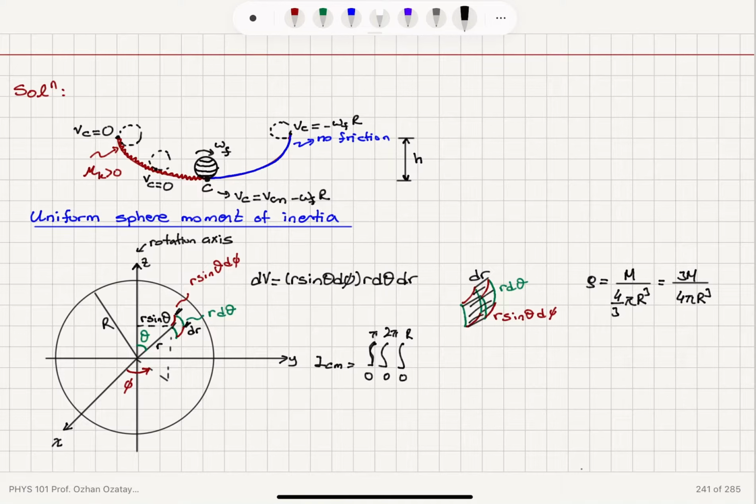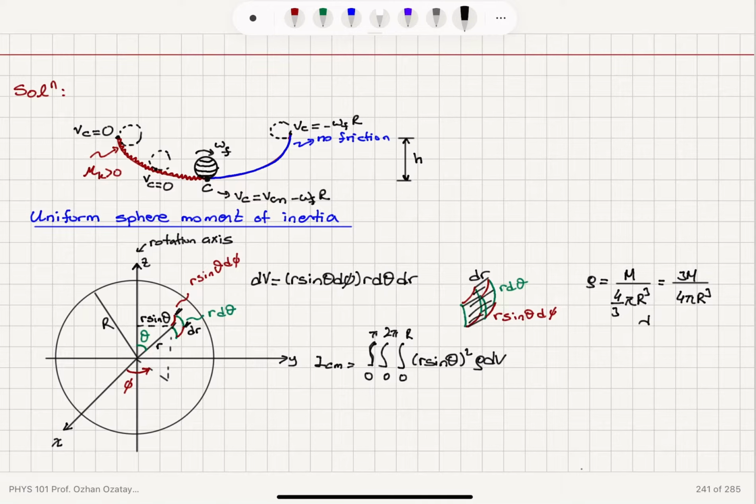Now we're looking at a distance r sine theta from the rotation axis, so that's our distance for this volume element. Therefore, we will have r sine theta squared, rho dV. So rho dV is our mass element.